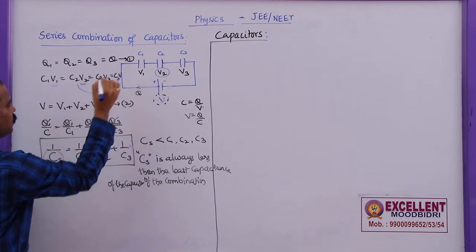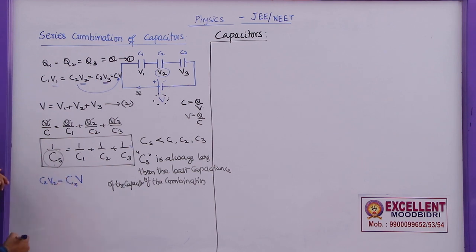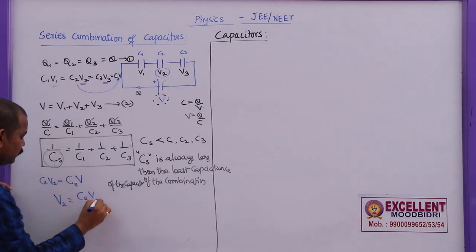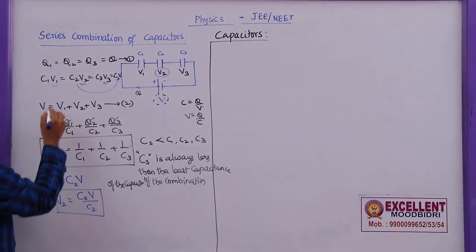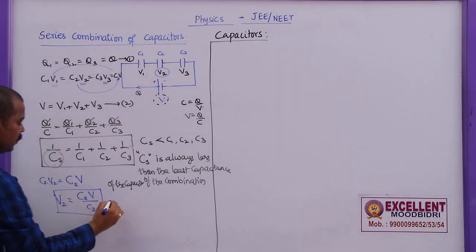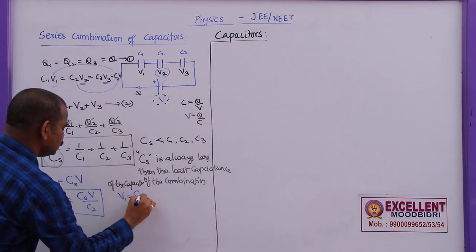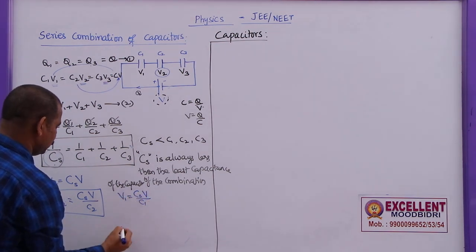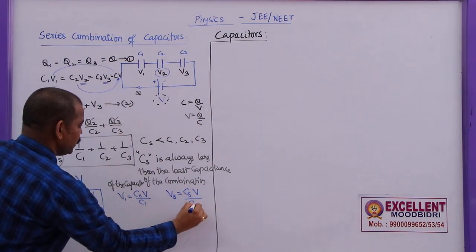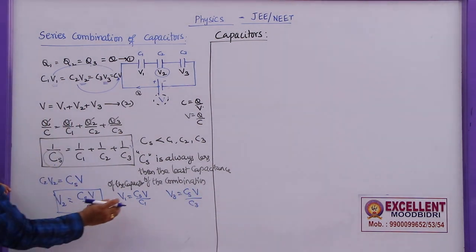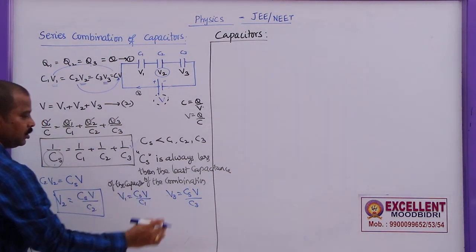Here C is the effective capacitance CS. The potential drop across the second capacitor is given by CSV by C2. Suppose they ask you to find out V1, the same thing, V1 will be CSV by C1 and V3 will be CSV by C3. So, this is V1, this is V2, this is V3.